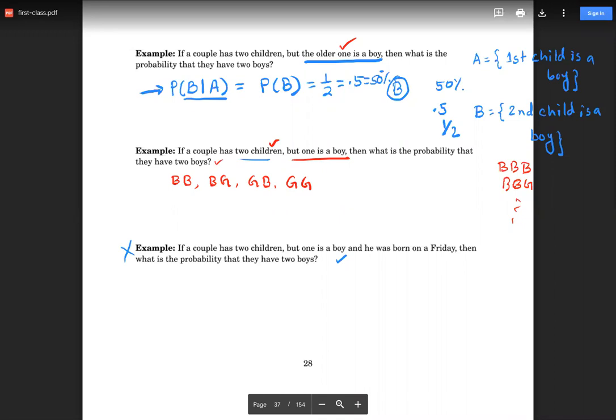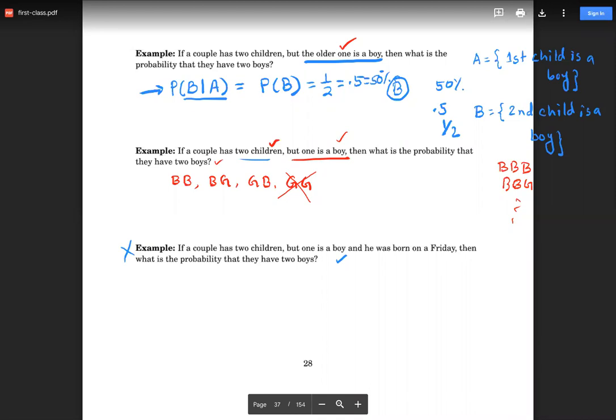Okay, what is the probability that they have 2 boys? The interesting thing is this cannot happen. Why can it not happen? Because it says that one of them is a boy.